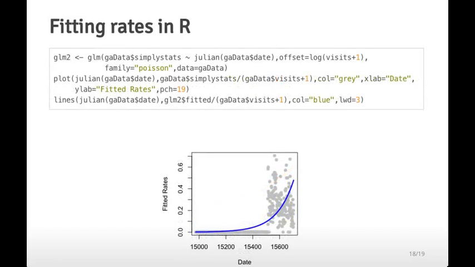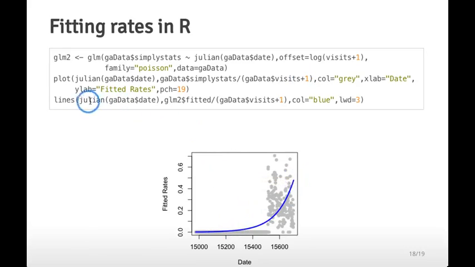So another way that I could look at this is I could look at a plot of the date versus the fraction of hits that come from Simply Statistics. So here again, I am looking at the number of hits that come from Simply Statistics divided by the total number of visits to the site. And so you can see that this number is now between 0 and 1, right? Because it's a fraction.